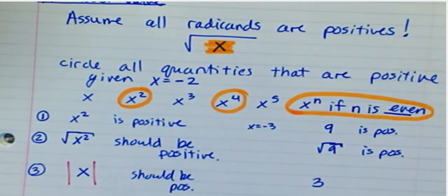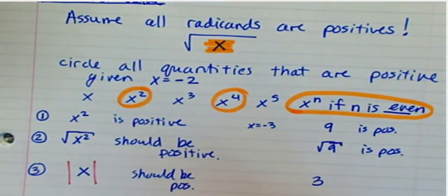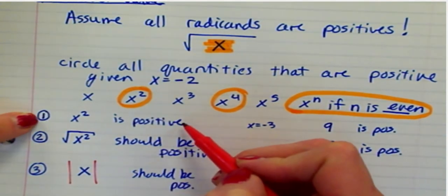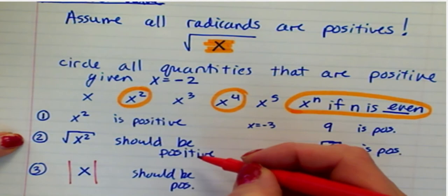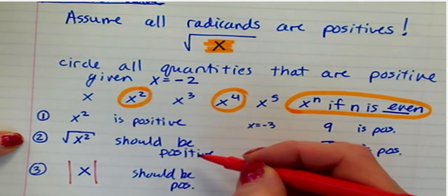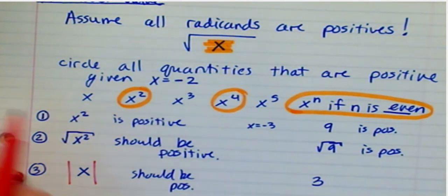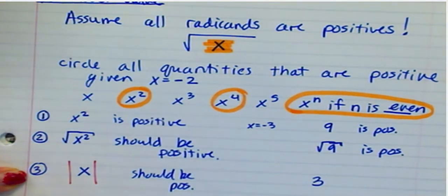Why did I put absolute value here? All even powers are positive. The square root of a positive number should be positive. But I didn't circle x. X doesn't have to be positive, guys, but I need it to be.